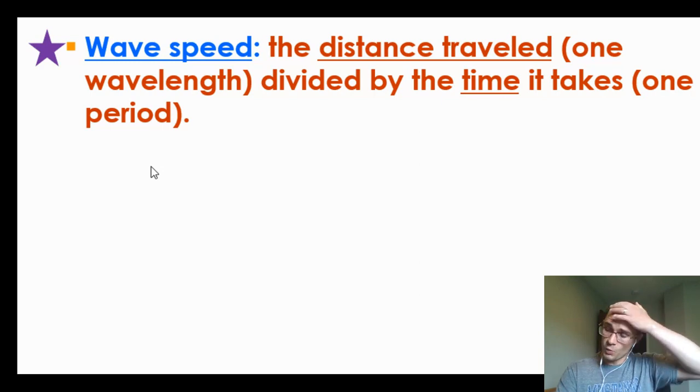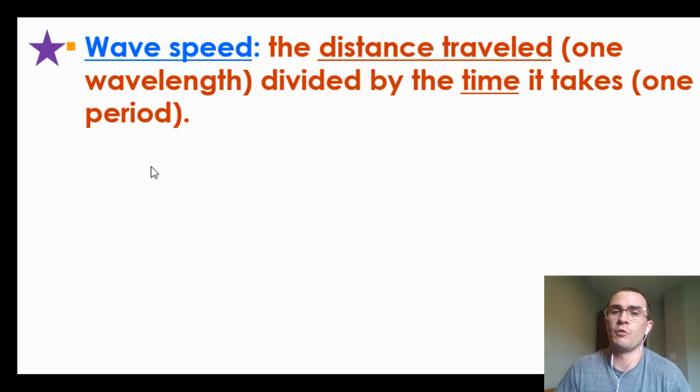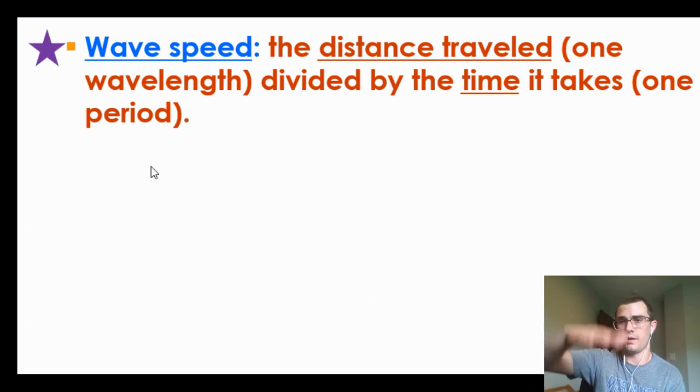So distance divided by time is speed, right? Now, if we're talking about waves, we have some terms for distance and for time. Our term for distance would be wavelength. So we can take one wavelength divided by one period, right? The period is the time it takes for one cycle, the time it takes for the water to go down and back up.